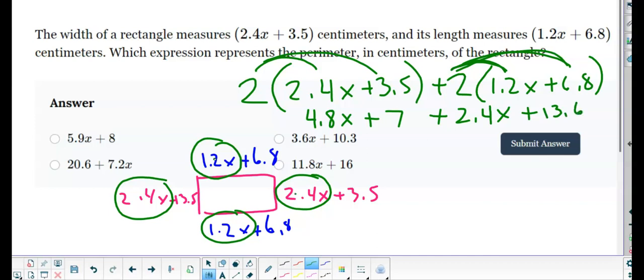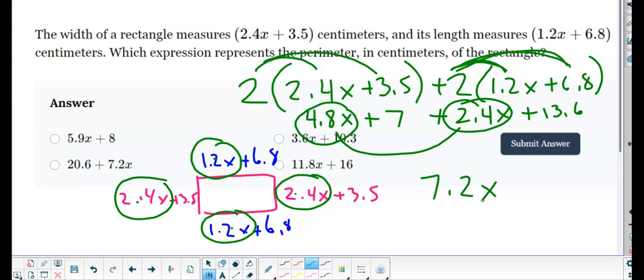Now instead of adding 4 numbers together, I can just add these 2 if I'd like. Again, you can do it mentally or you can use a calculator, but we're going to add 4.8 and 2.4. And we're going to get 7.2. And then we're going to add our constants. We're going to get 20.6.